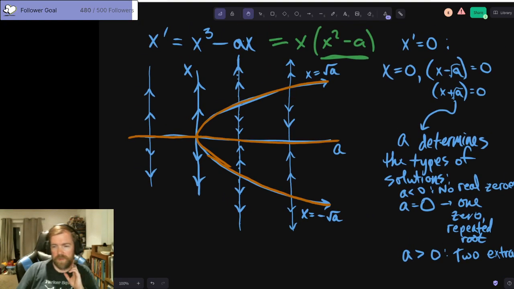So this is also something that we do in autonomous systems. This one is also an autonomous system. It just adds a little bit of complexity due to the fact that a itself is being treated as a variable here, because we don't know exactly what the value of a is going to be.